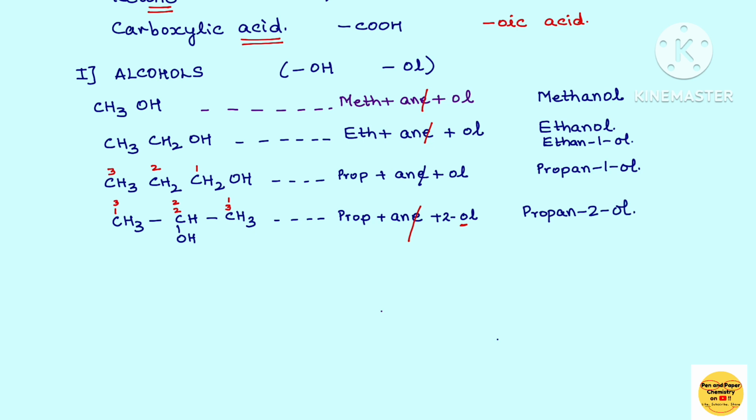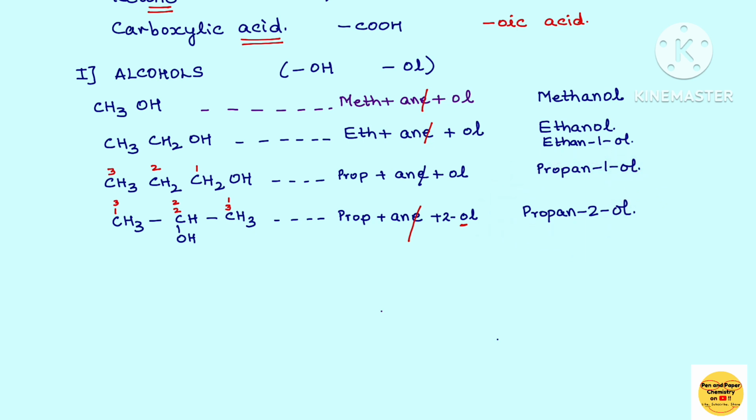You see why I wrote 1-ol and 2-ol over here? Because there are 2 possible structures for propanol. One is propan-1-ol, the other is propan-2-ol. And what is the name given to such type of compounds?